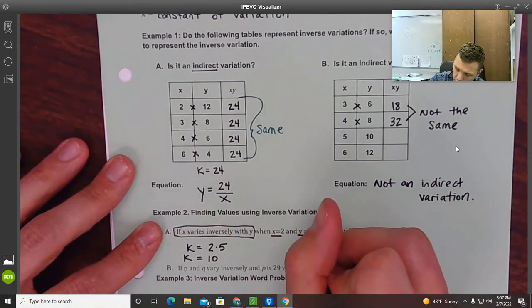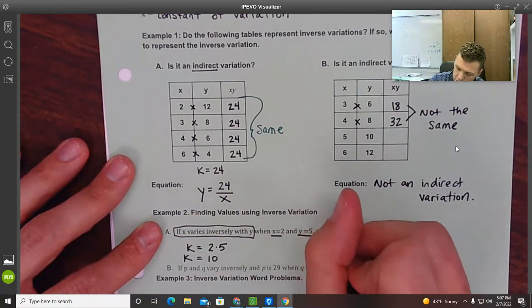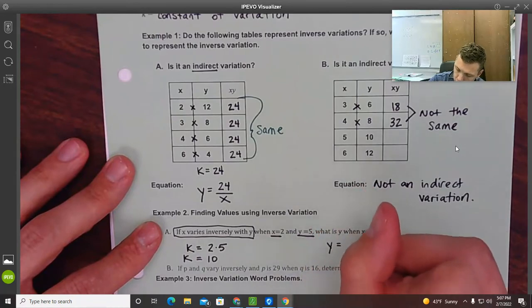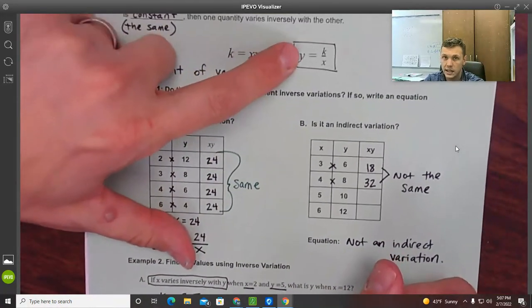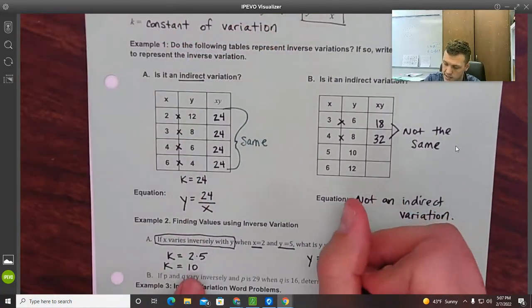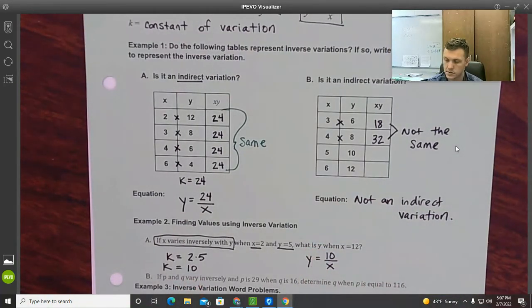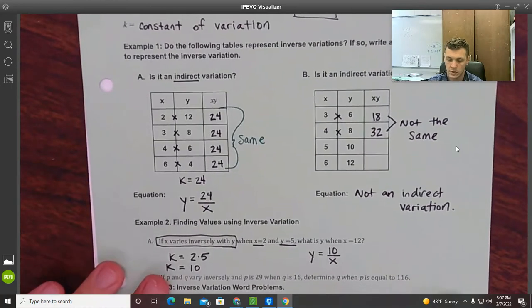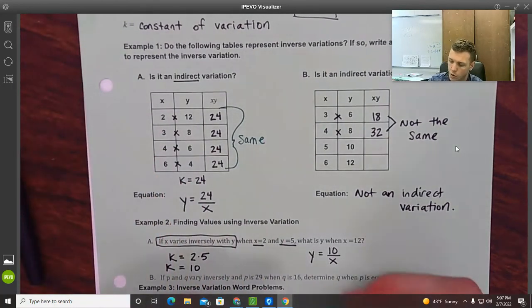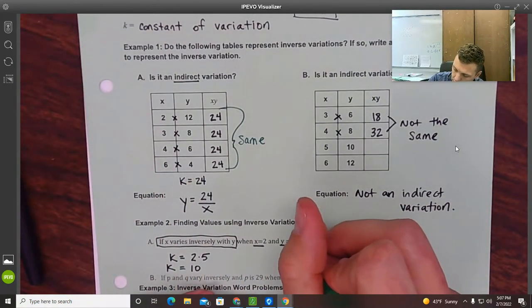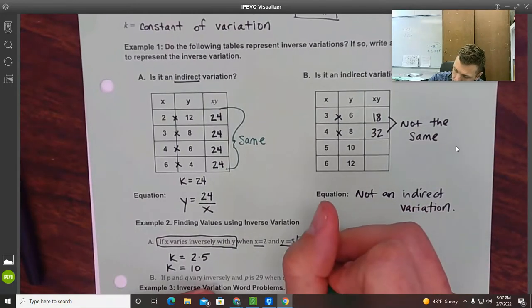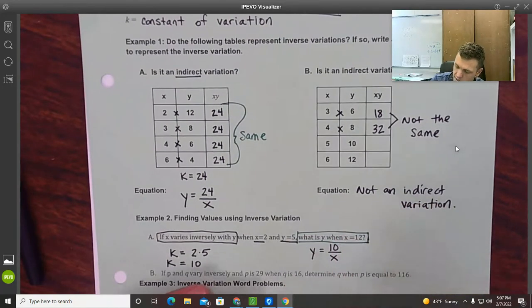Now our equation, just like we did right here, I'm going to say y equals k, which is 10, over x. So the next part of the question says, what is y when x is 12?